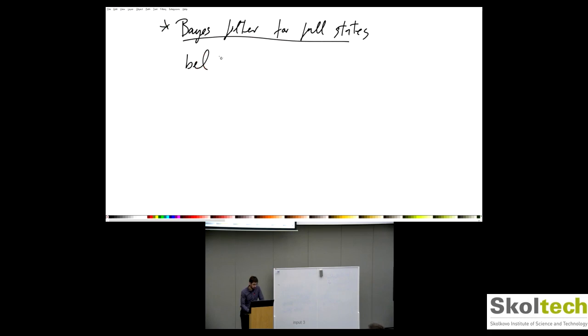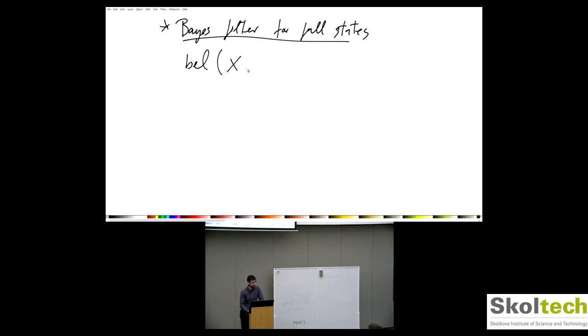Okay, so to start with the first line on the propagation, I need to reformulate slightly the Bayes filter. In this case, I'm not going to assume any Markovian properties, but this is for full states. So this means the following.